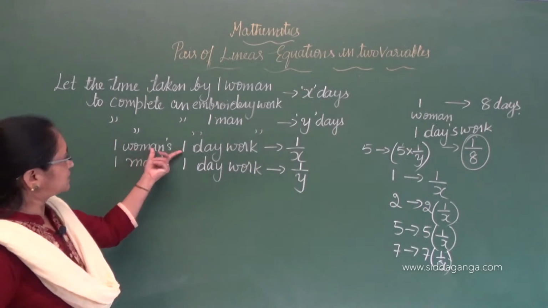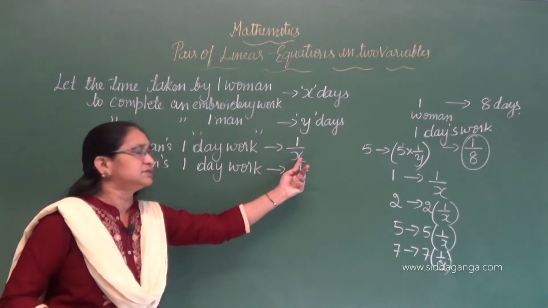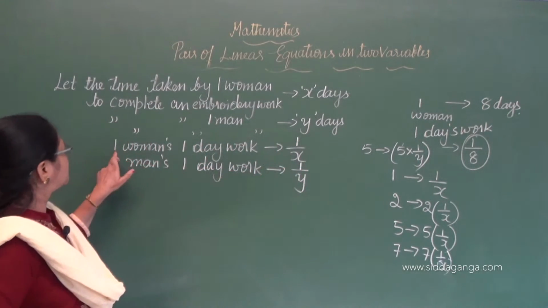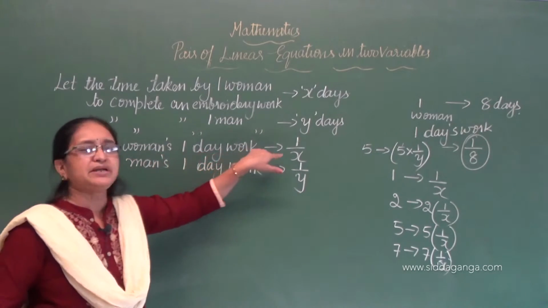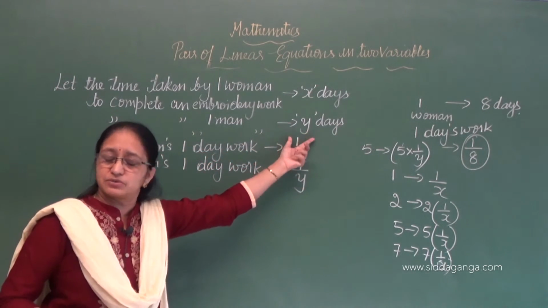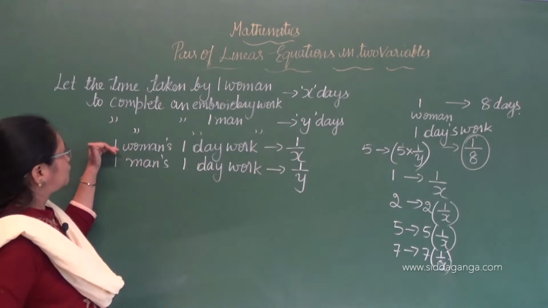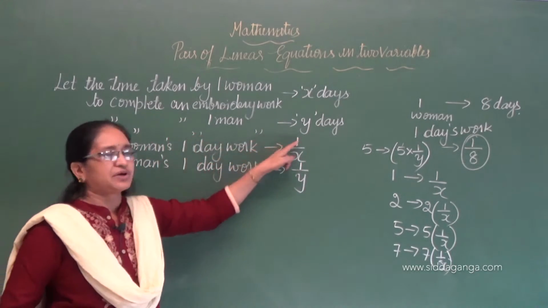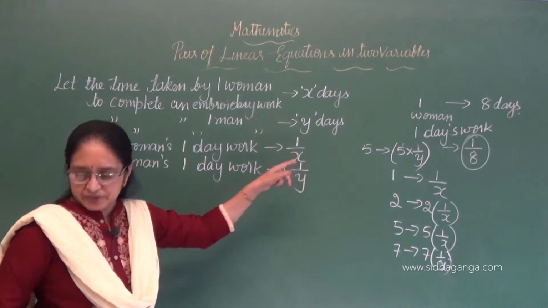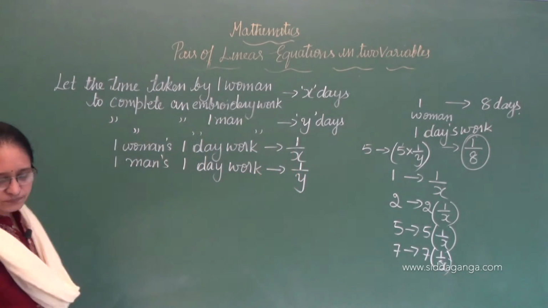See, one woman's 1 day work is 1 by X. Therefore, 2 women's 1 day work will be 2 into 1 by X, that is 2 by X. The same way, 5 women's work will be 5 by X, correct? The same way we will do now.